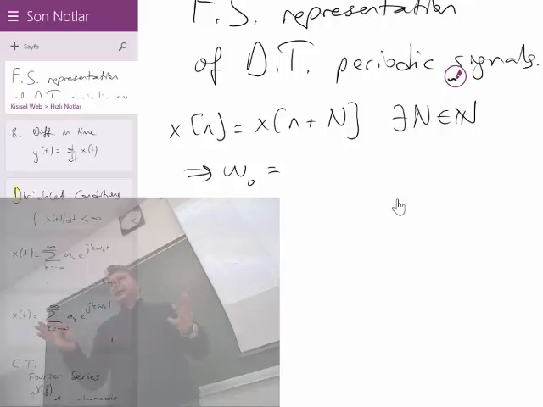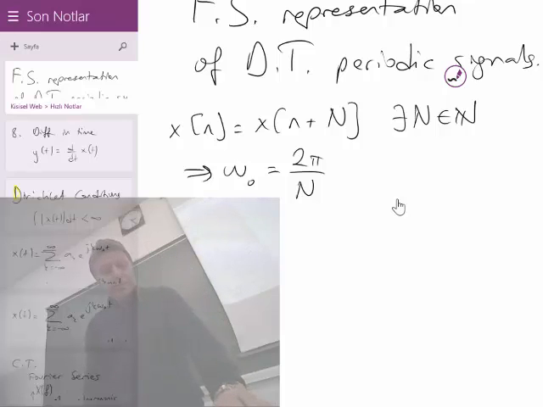The least common multiple of 5 and 7 is 35. So the fundamental period will be 35. That would be capital N. And from there, the fundamental frequency is equal to 2 pi over the fundamental period.